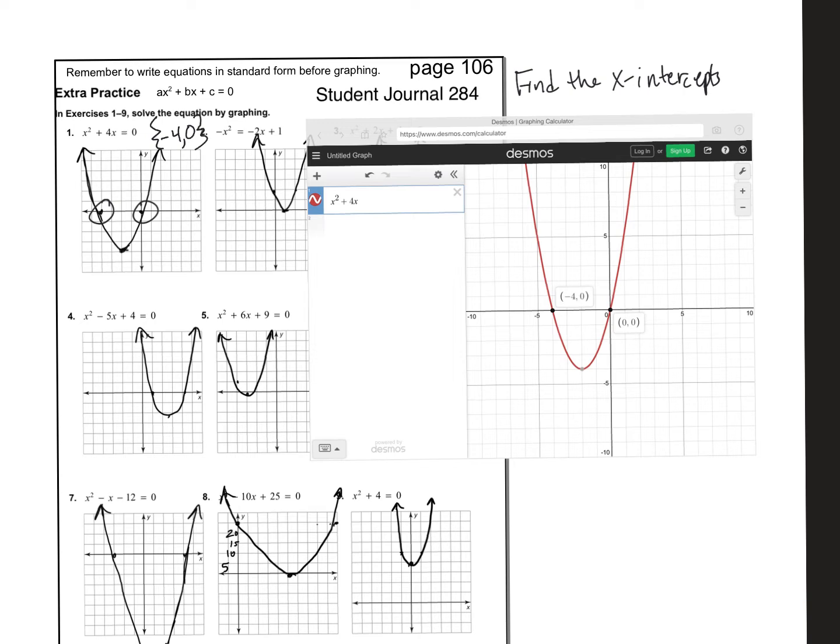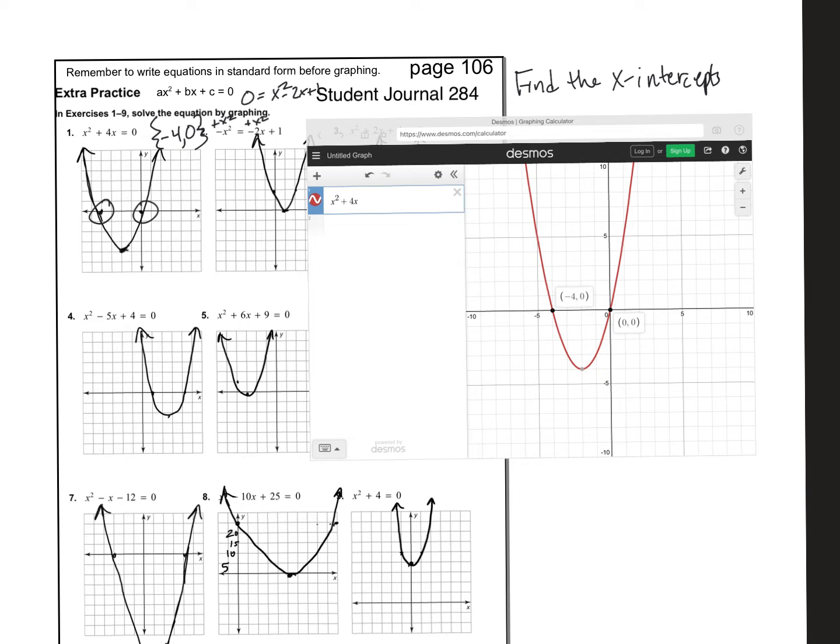Okay, I'm going to graph number 2 in just a moment. I want to make it equal 0, so I'm going to do that first. I want to keep my squared term positive, so I'm going to add x squared to both sides. So 0 equals x squared minus 2x plus 1.